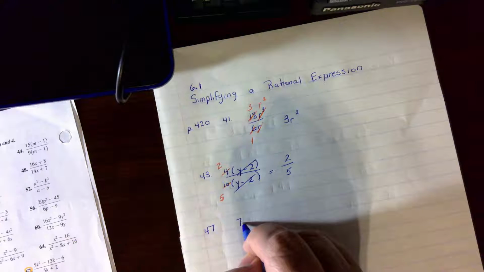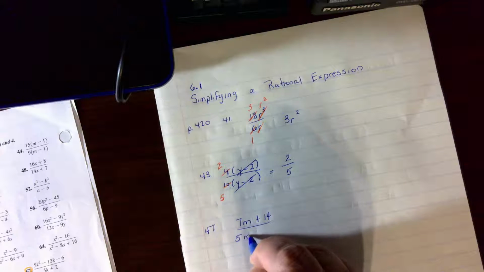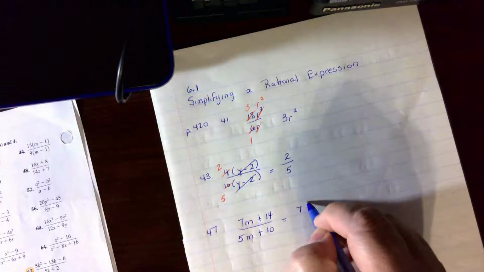Now I'm going to go to number 47. And this is where we'll first use these strategies that we just talked about, where we're going to factor the numerator and denominator. So from the numerator, I can factor a common factor of 7.